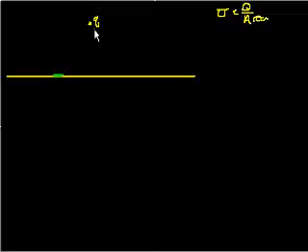First of all, let's say that this point charge is at a height h above the plate. So let me draw that. This is a height h. And let's say this is the point directly below the point charge. And let's say that this distance right here is r.